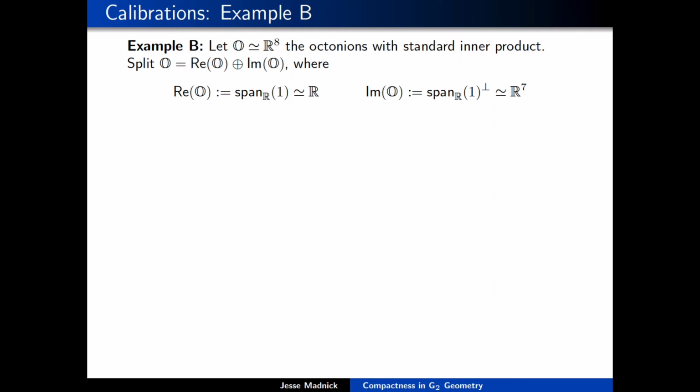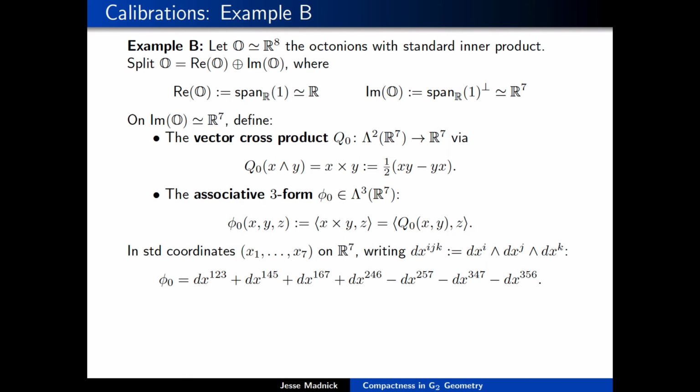Split the octonions into the real octonions plus the imaginary octonions, where the real octonions are just the span of the number 1, so that's just a line, and the imaginary octonions are the orthogonal complement, so that's a copy of R^7 inside R^8. Let's consider the imaginary octonions, this copy of R^7, a little more closely. The octonions endow it with some very interesting geometric structure.